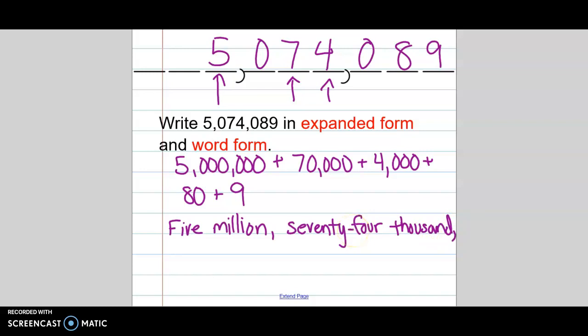And the last part would be 89. So, writing it out as expanded form and also as word form there.